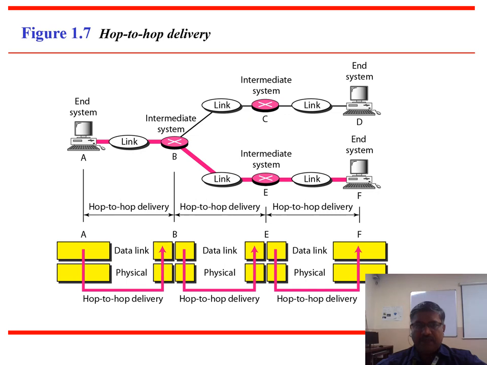Likewise, from one intermediate system to another intermediate system, we can also call it one hop. So to reach an end system from one end system, the data has to pass through all the intermediate systems in between. The distance between the intermediate system and the end system, or between two intermediate systems, we call the hop. So this is called hop-to-hop delivery.